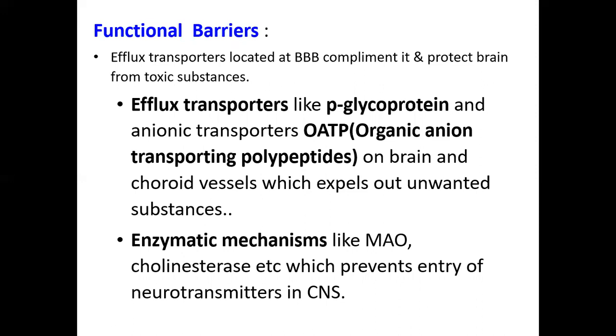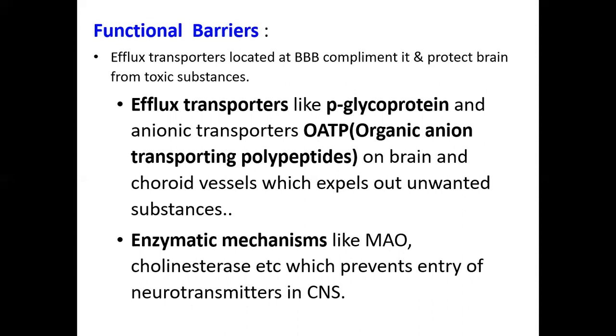So the brain has developed some functional barriers as well, which throw out unwanted or toxic substances from the body. These transporters are called efflux transporters. They are located in the blood-brain barrier, complement it, and protect the brain from toxic substances.